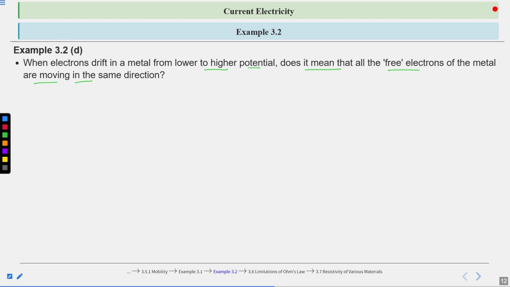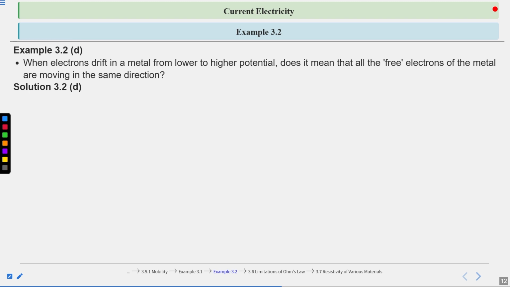You can take the idea from this: before the application of an electric field, in the absence of an electric field, the motion of electrons is random due to thermal speeds. They possess thermal speed due to temperature, so their motion is completely random. When we apply the electric field or potential difference, electrons will go from lower potential to higher potential, but thermal speeds are also present.